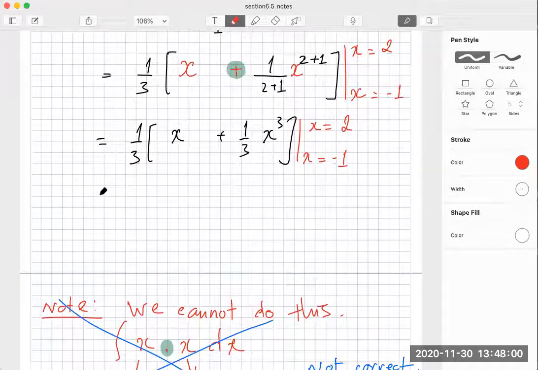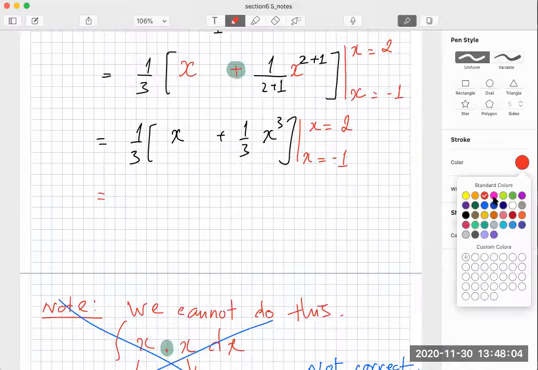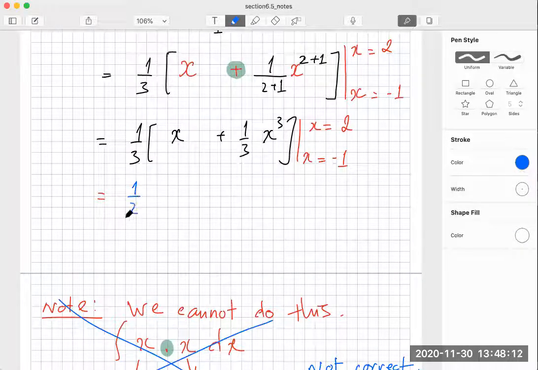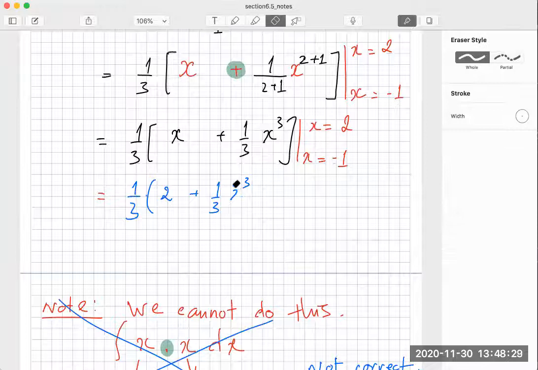So the first value will be, what is it? 2 plus 1/3 of 2 cubed. Perfect. But remember, there's a 1/3 in front of that, right? 2 plus 1/3 of x cubed, where x is 2.